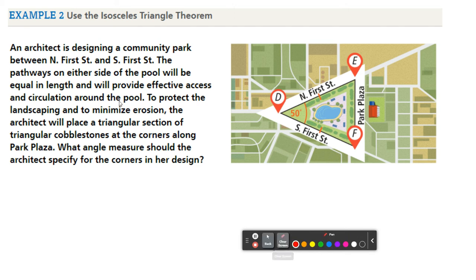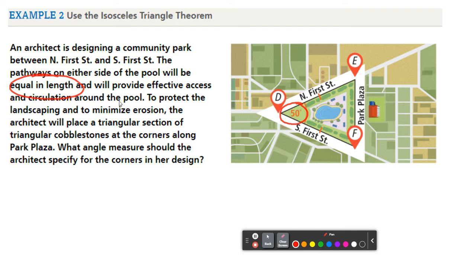Okay, so if we take a look here, this is already a 50-degree angle. So the question is, what should these two angles be down here at E and F? Well, it says that North 1st Street and South 1st Street will have equal length on either side of the pool.